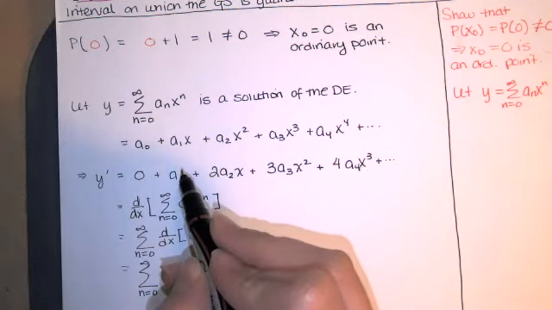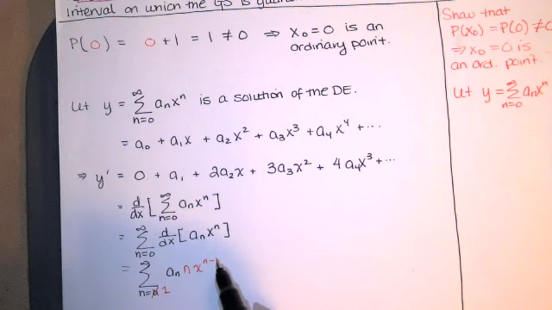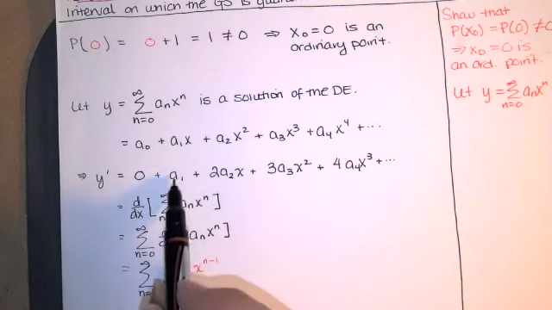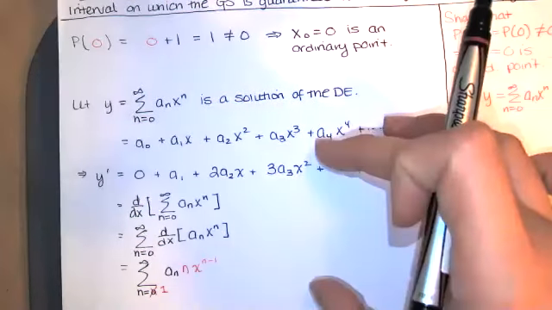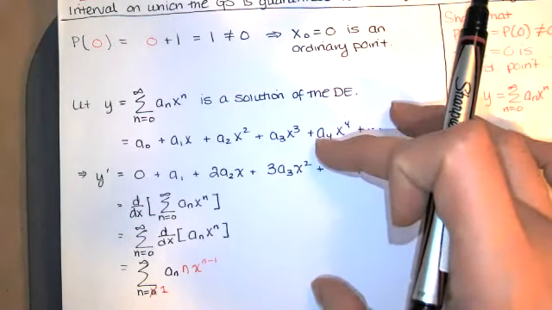Then when n equals 1, we'll have a sub 1 times x to the 1 minus 1. 1 minus 1 is 0, x to the 0 is 1. So this is a sub 1 times 1, or just a sub 1. So if we start with n equals 1, that's giving us our first non-zero term. Now, I'm only going to show you this a couple of times.